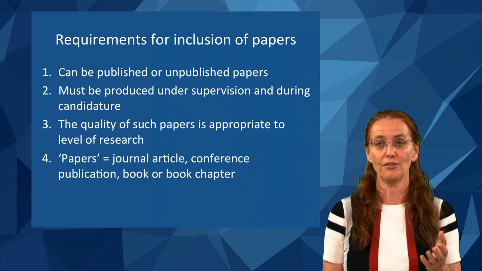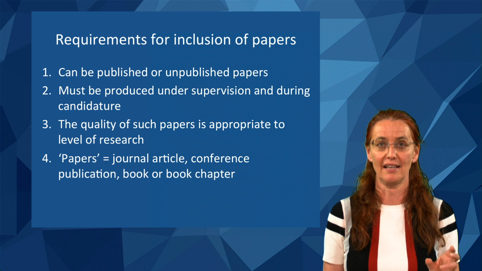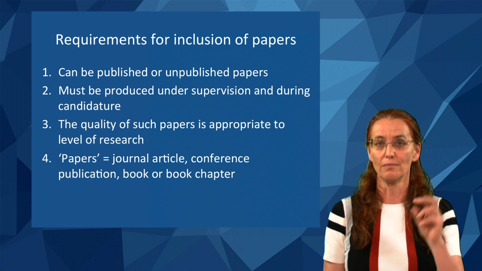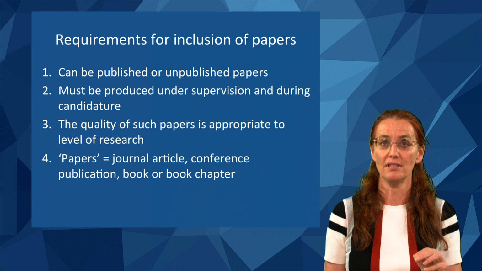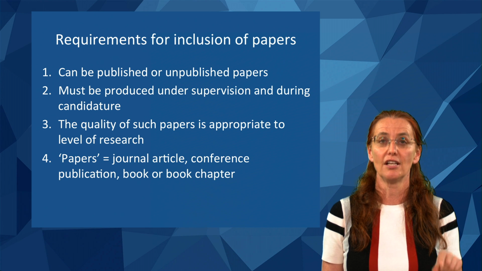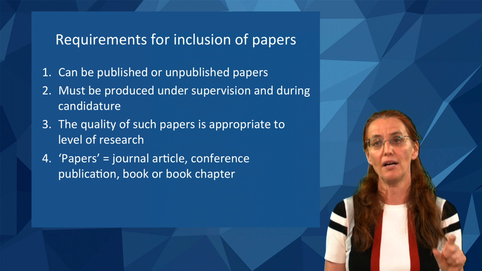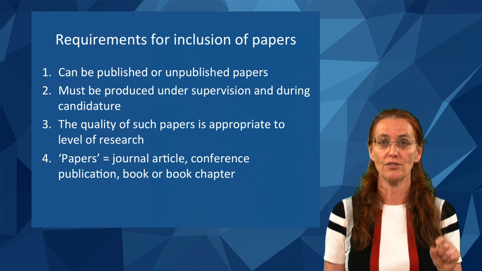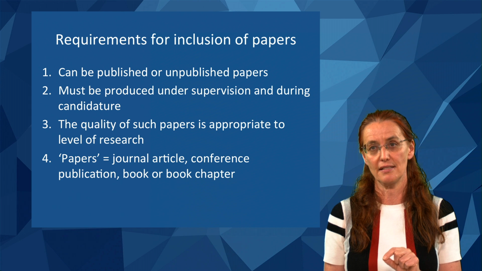Now, in our university, there are some rules about the criteria for what papers can and can't be included, and what we're talking about when we say paper. So it can be published or unpublished papers, must be produced under supervision and during the candidature. The quality of the papers is appropriate to the level of research. And by papers, they mean journal articles, conference publications, books or book chapters, because that varies amongst the discipline areas.